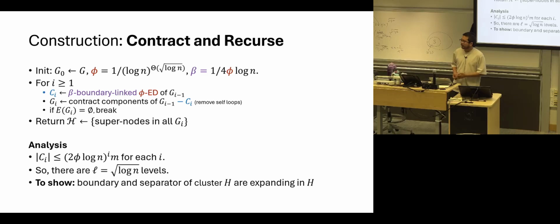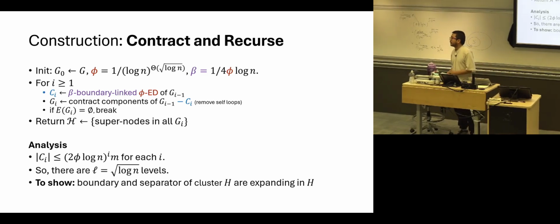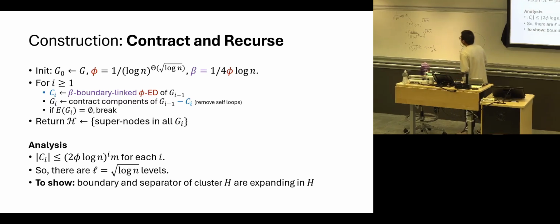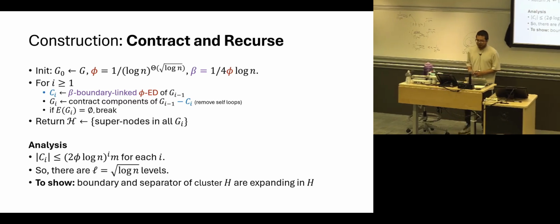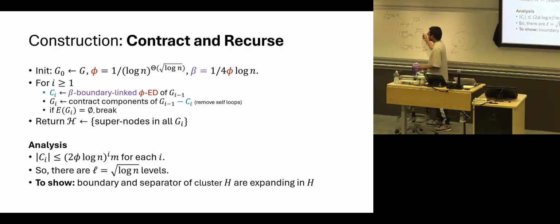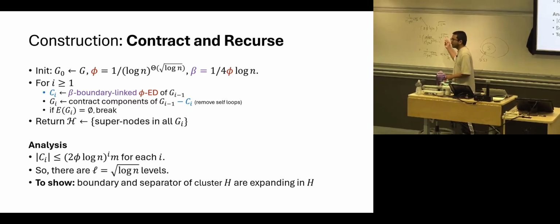Is the reason that you couldn't have phi be 1 over polylog because it would explode the number of cuts that you need? Yes. Actually, if phi is something like 1 over polylog, then the number of levels may increase to log n, and the algorithm is still going to be fast.